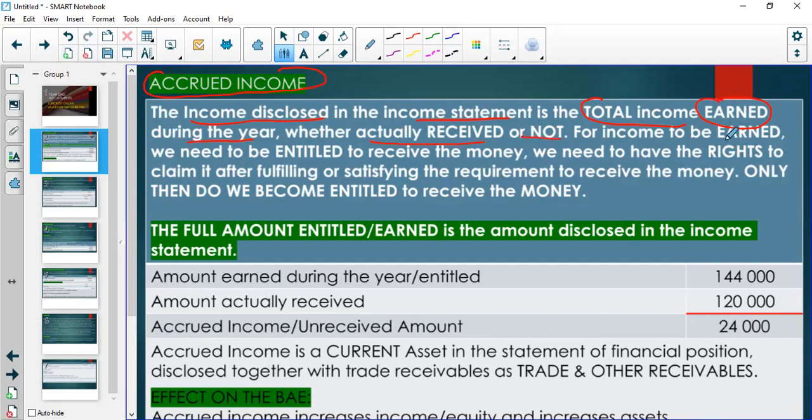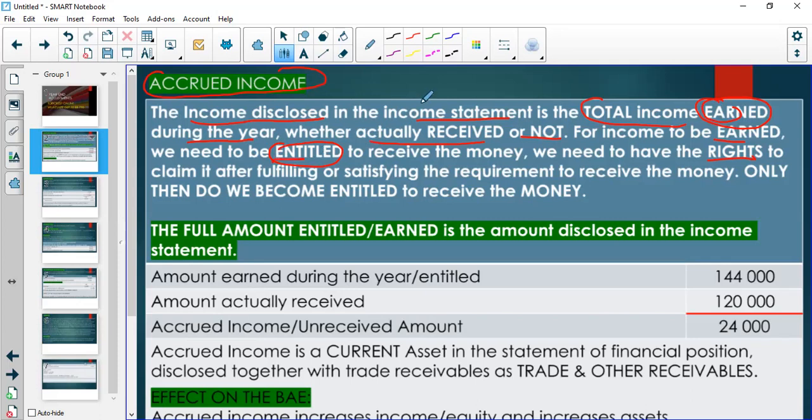To earn means you become entitled. You have a right to receive. Doesn't matter whether you actually received, but you have a right because something has happened. Whether it's a contract or whether you delivered goods, whether you offered a service, you are now entitled to payment.